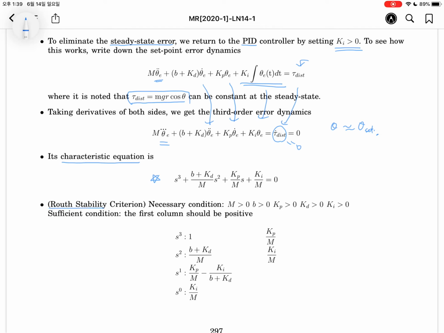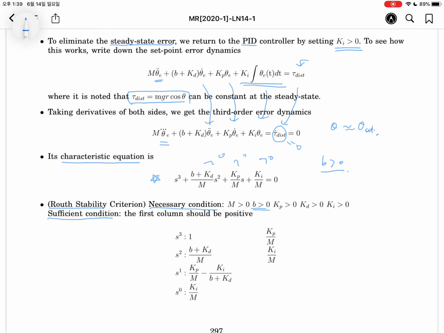The Routh stability criterion is composed of two conditions, the necessary condition and the sufficient condition. The necessary condition is that all coefficients should be positive. Every gain is positive, and B is positive, so the necessary condition is automatically satisfied.